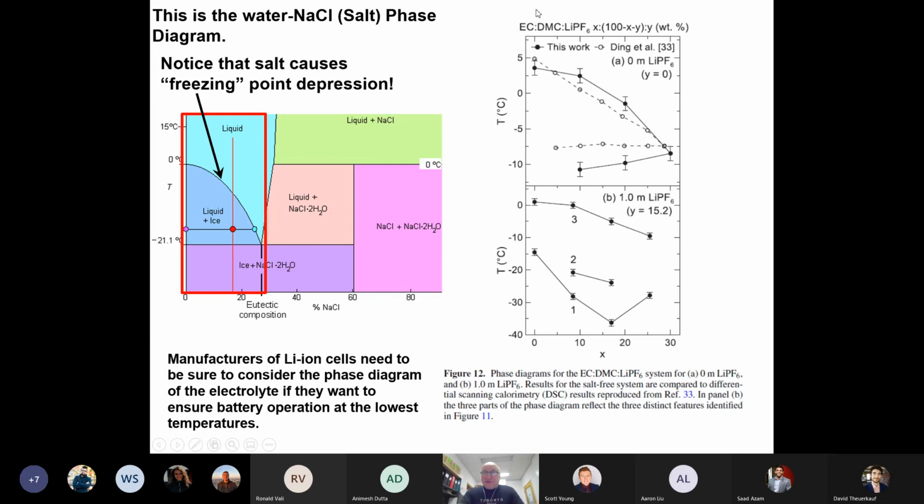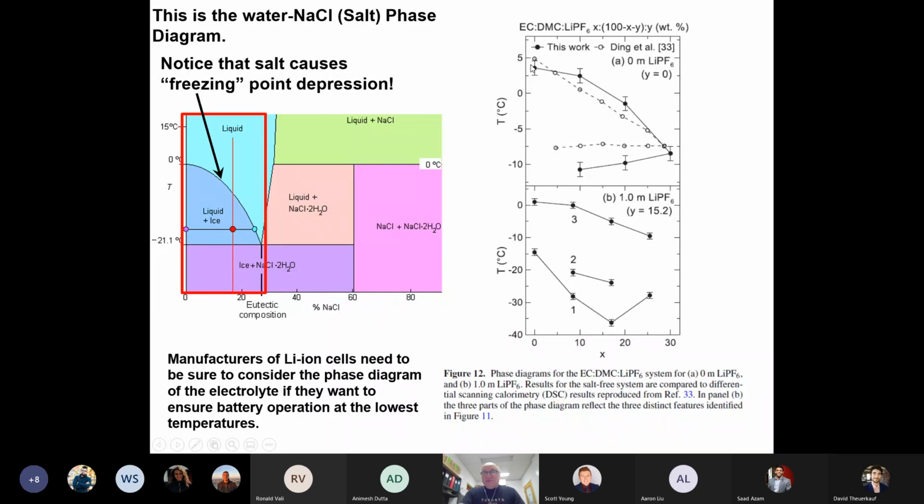So what happens is when you cool the liquid down around 4 degrees centigrade in 2 sets of experiments, work by Michael Bauer in black and work by Michael Ding in the dots, the electrolyte freezes. So the pure DMC is liquid above this line and solid below this line.